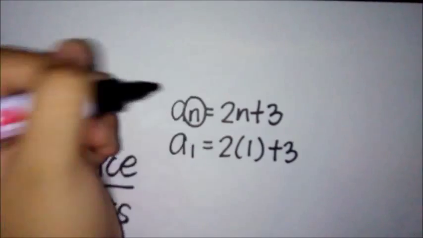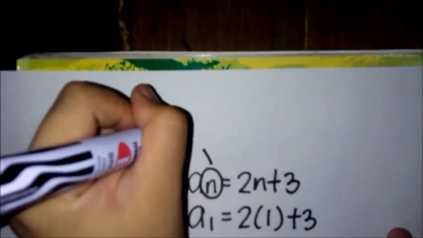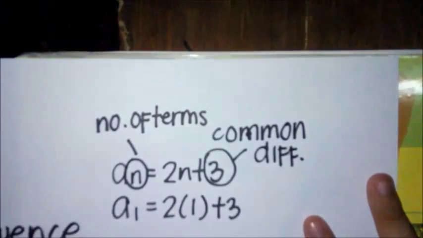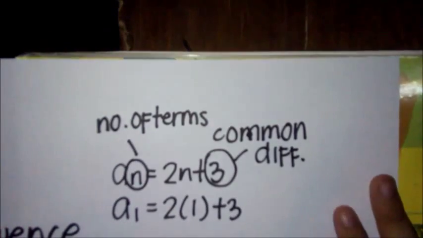And here n means the number of terms, and the 3 here means the common difference.